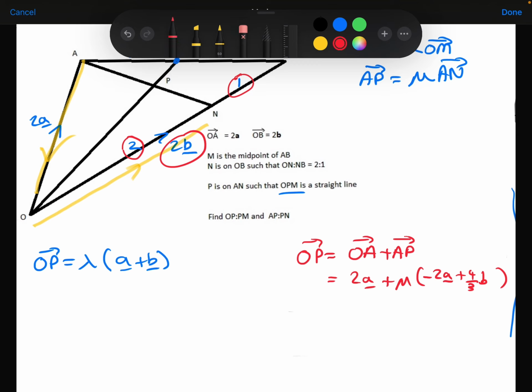We can simplify that. Let's expand those brackets. So we've got the mu times minus 2a, so that's going to be minus 2 mu a. And then we've also got the mu times 4/3 b, which is going to be 4/3 mu b.